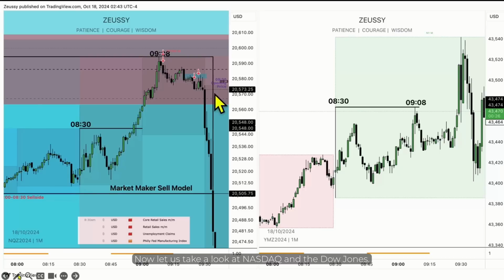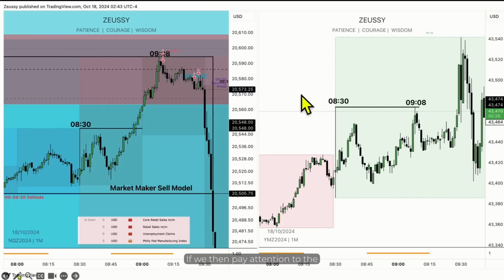Now, let's take a look at NasDaq and the Dow Jones. On the left, you can see the NasDaq, and on the right, you can see the Dow Jones. What I want you to see is that I've annotated the highs that formed at 8:30 and 9:08. The reason why I've annotated these specific highs is due to the following. What I want you to see on the left is that NasDaq creates that higher high relative to that 8:30 high.